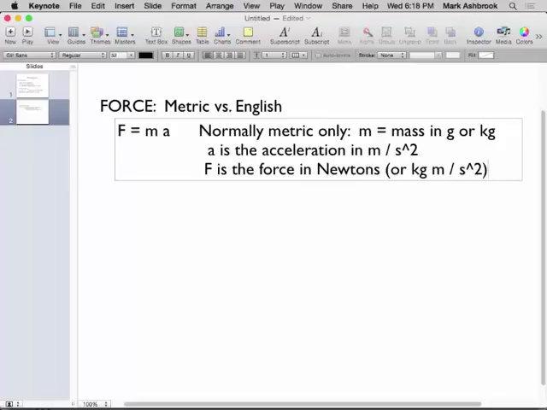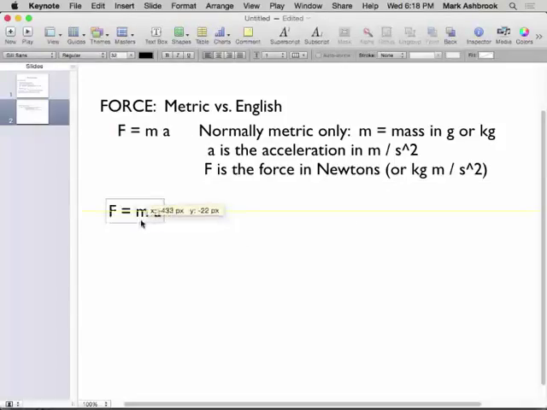Okay, so for weight force: weight is a force. Weight is the force of gravity on an object. So for weight force, it's the same thing except now the acceleration is the acceleration of gravity.